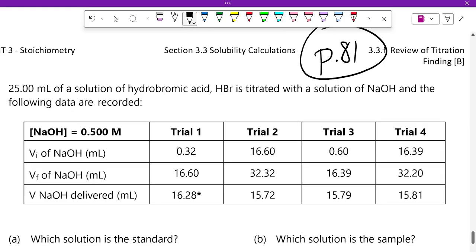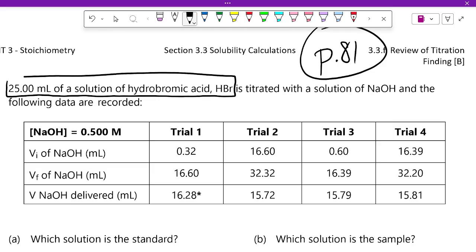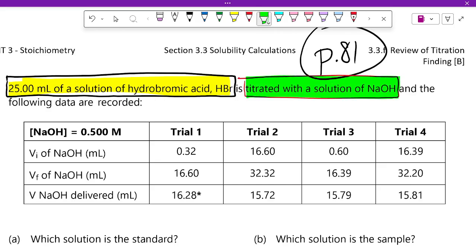We have 25 milliliters of hydrobromic acid, HBr, and it is titrated with a solution of NaOH, and the following data are recorded.